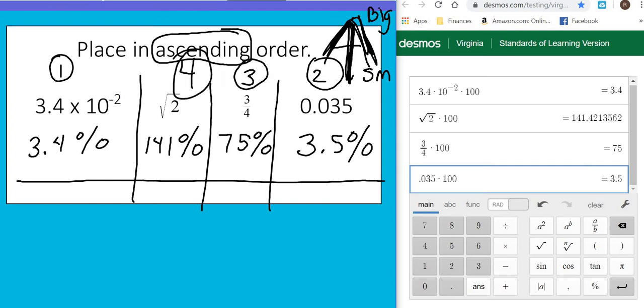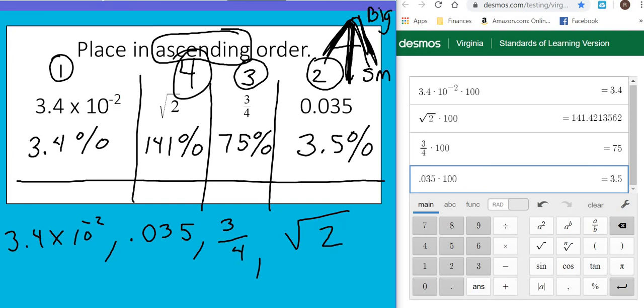But you would write your answer in original form. So you would write your answer as 3.4 times 10 to the negative 2 power. Then the second one would be 0.035. The third one would be 3/4. And the last one would be the square root of 2.